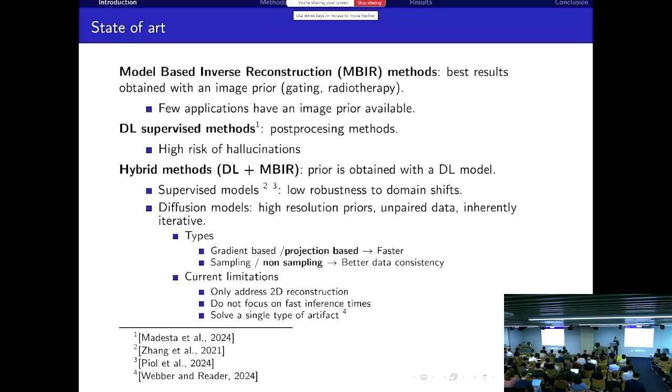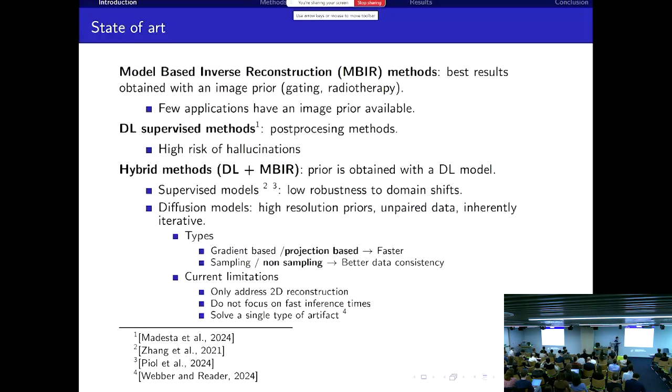In these last sessions we have already been seeing this, but just to say that these two types of artifacts have been widely explored in different works in the literature. Right now, the state of the art is given by hybrid methods, as we have already seen, which use diffusion models as high-resolution priors and combine them with model-based inverse reconstruction methods to impose data consistency and reduce the appearance of hallucinations.